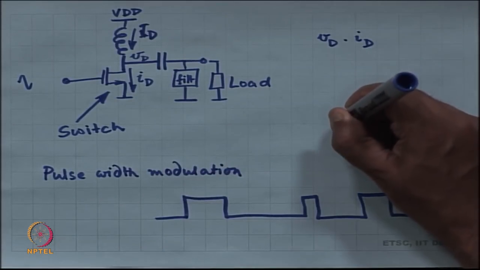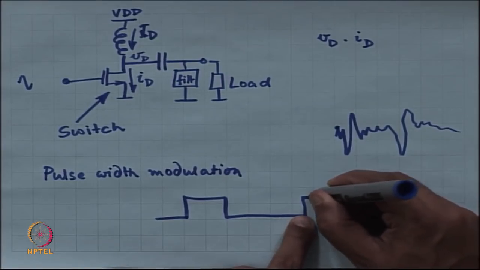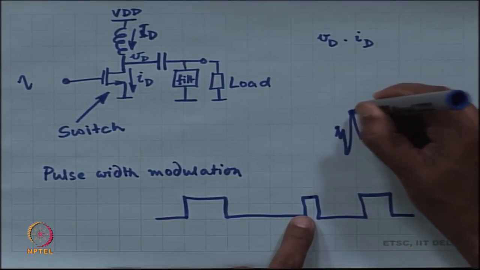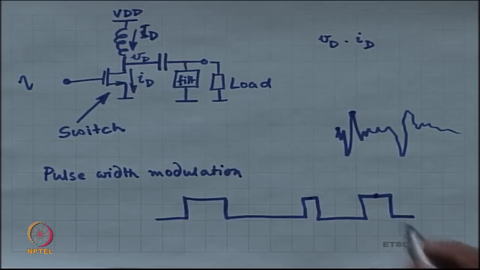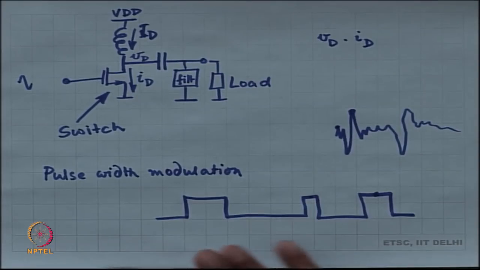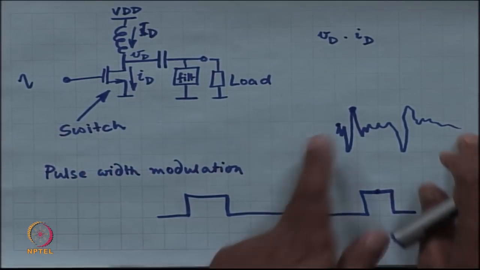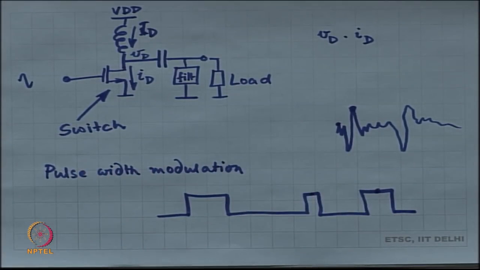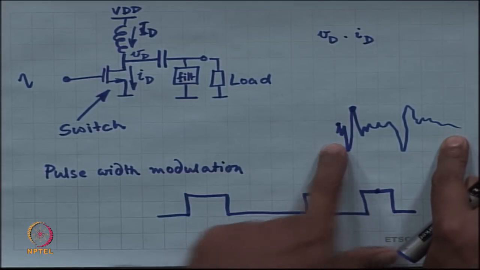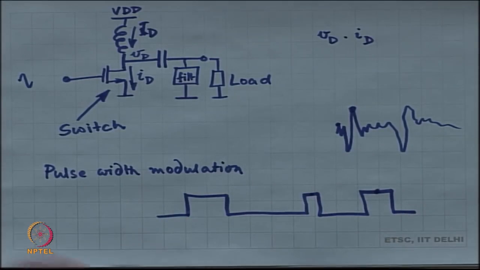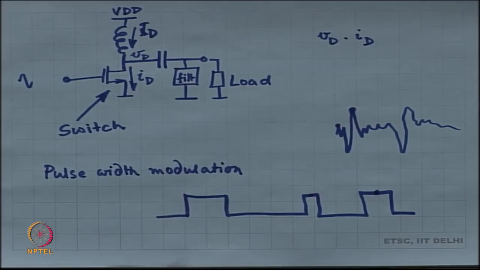Suppose the signal amplitude is this much, then I produce this. Suppose the signal amplitude is this much, I produce this pulse, and these pulses are coming much faster than the bandwidth of the signal. So, the bandwidth of this signal is much larger than the bandwidth of the original signal. The original signal is just 20 kilohertz, this one is very high bandwidth, and it is a switching waveform.